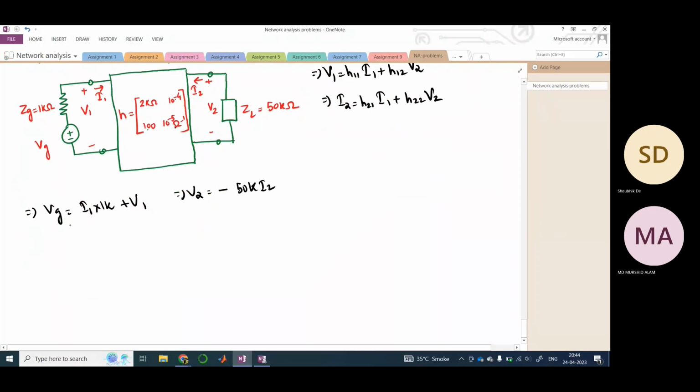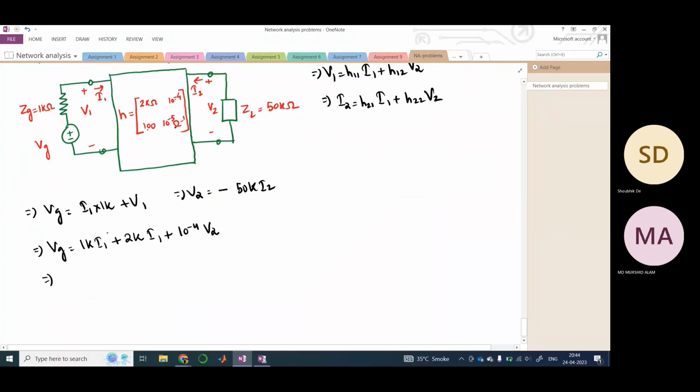So we need to find out what is the ratio between V2 and VG, right? So for that, we will just straight away substitute this here. So VG is 1K I1 plus what is H11, it is 2K, this is also I1, plus H12 is minus 10 to the power 4, and this is V2, right?